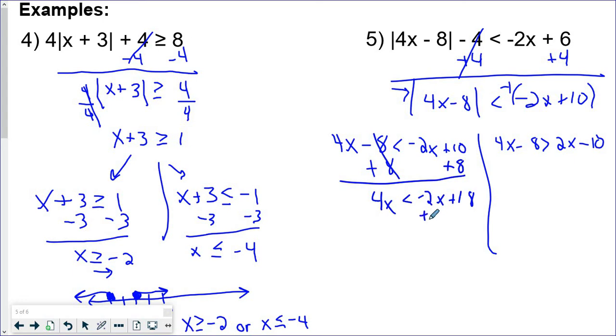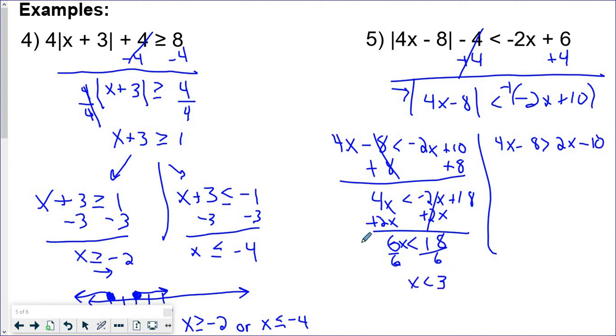So I'm going to solve this 2x over here, okay, and that'll give me 6x, maintaining the inequality. And then here, this will be 18 because these two things will cancel. And then I divide by 6 and I get 3. So x is less than 3.